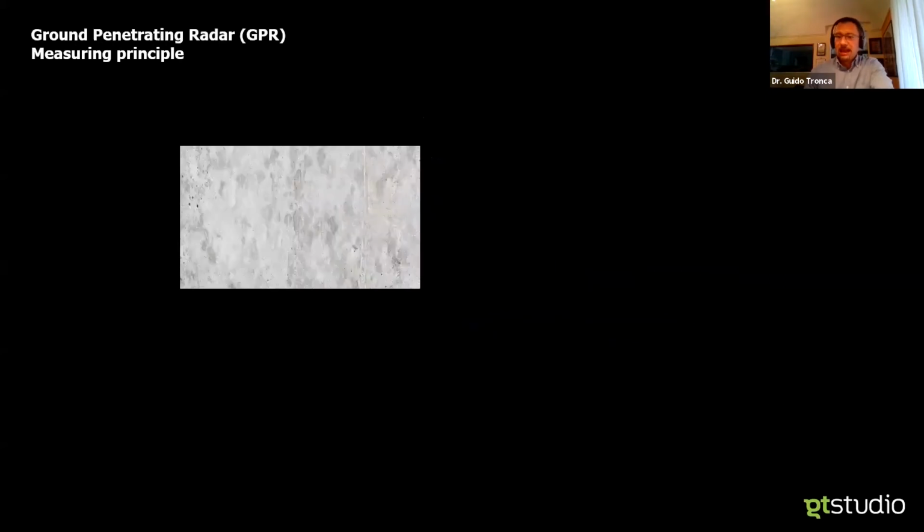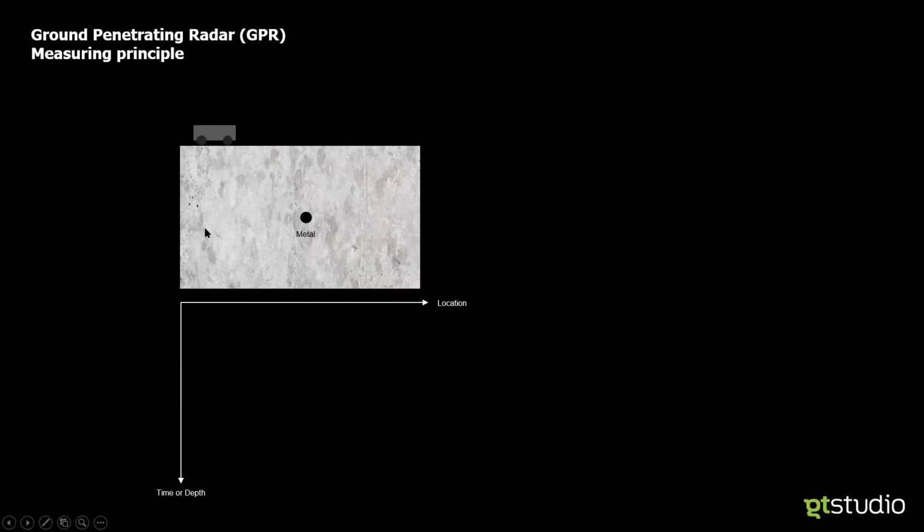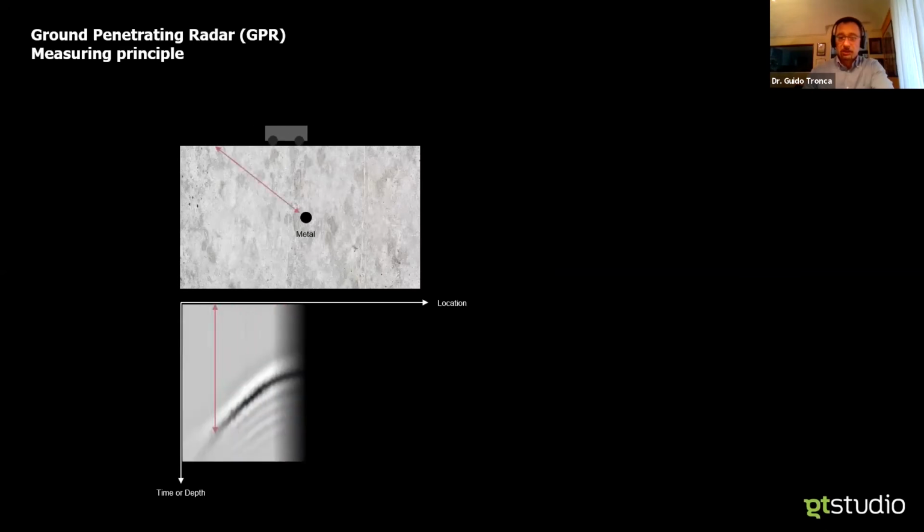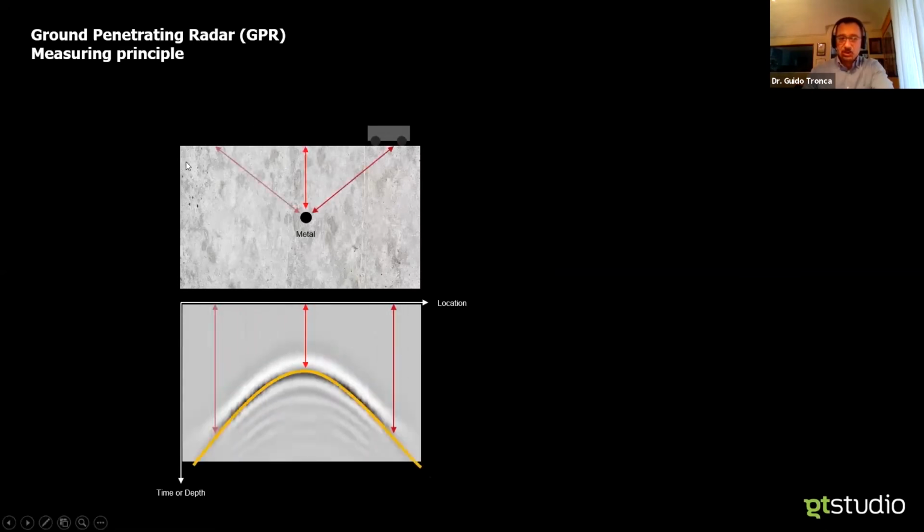Well, when I get a GPR, I do have a device that basically sends an impulse in a conical shape into the body it's examining, and it measures the distance, like a sonar, of the travel time. So I can imagine that if I travel across a metal rebar, I will measure a certain distance or time when I'm far from it.